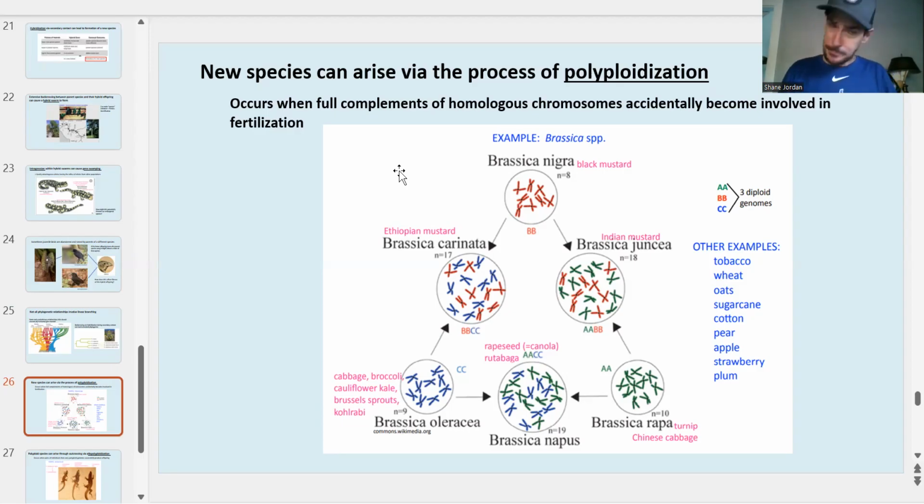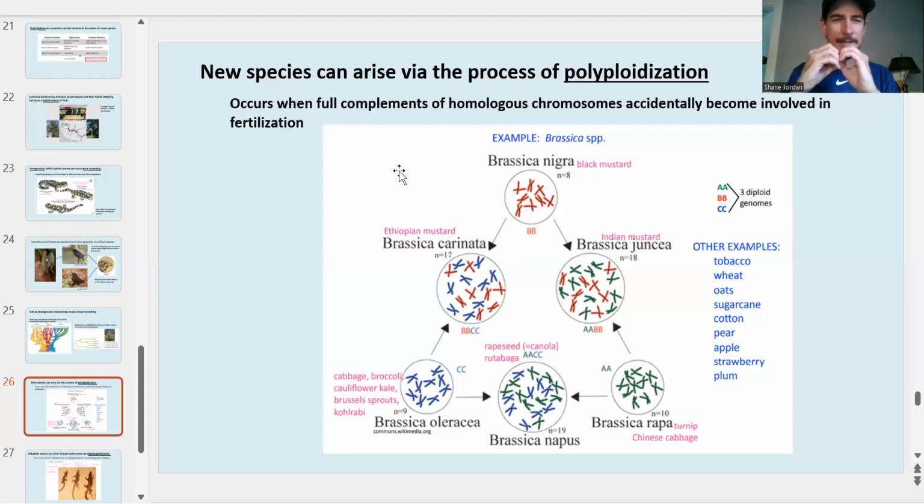And if these diploid gametes come together during fertilization, so if this mistake happens in a male, let's say, for example, a male pollen grain, and the same kind of mistake happens in a female, say a female egg, where now the male pollen grain is carrying twice the normal number of chromosomes, and likewise, so is the female egg, and that pollen grain fertilizes that egg.